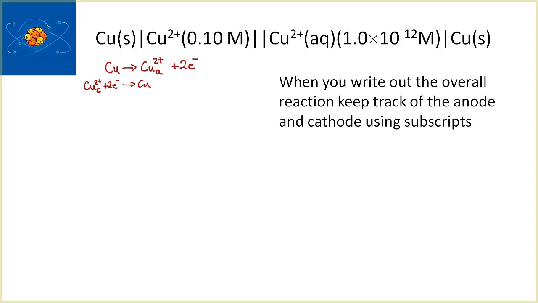Now, if you hadn't kept track of the anode and cathode, when you go to add these two reactions up, the coppers go away, the electrons go away, and the copper 2+s would have gone away too, and you would have had nothing left. So the overall reaction now becomes Cu2+ from the cathode goes to Cu2+ at the anode.